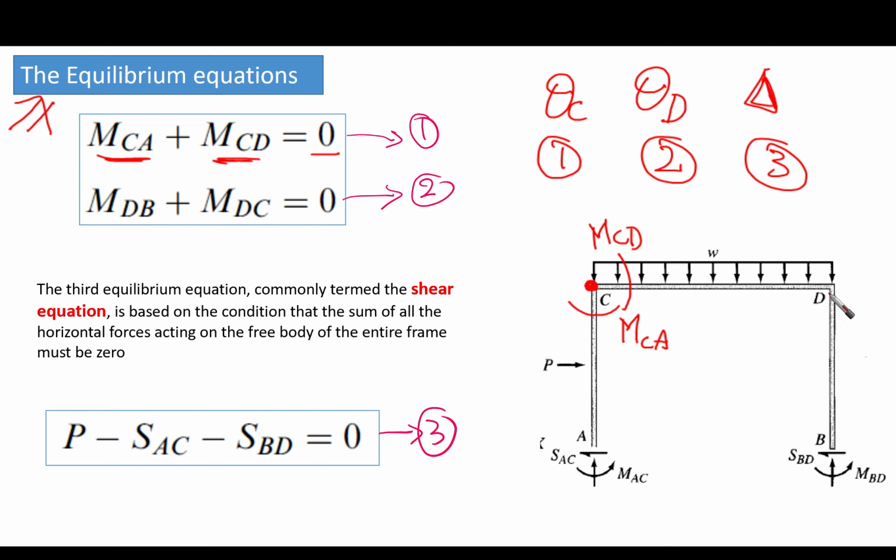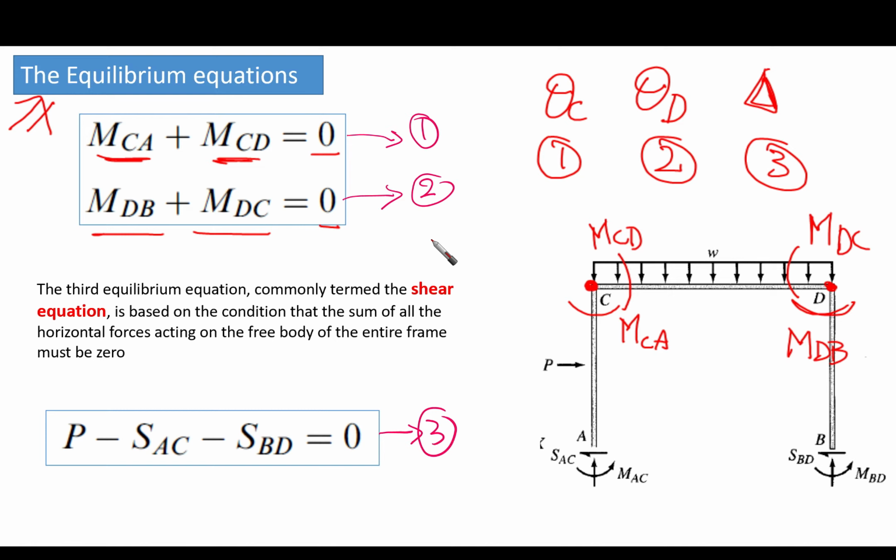And applying this at point D, the summation of the moment coming from member BD, which is MDB, and the moment coming from member DC, which is MDC, MDB plus MDC should equal 0. This is the second equation.